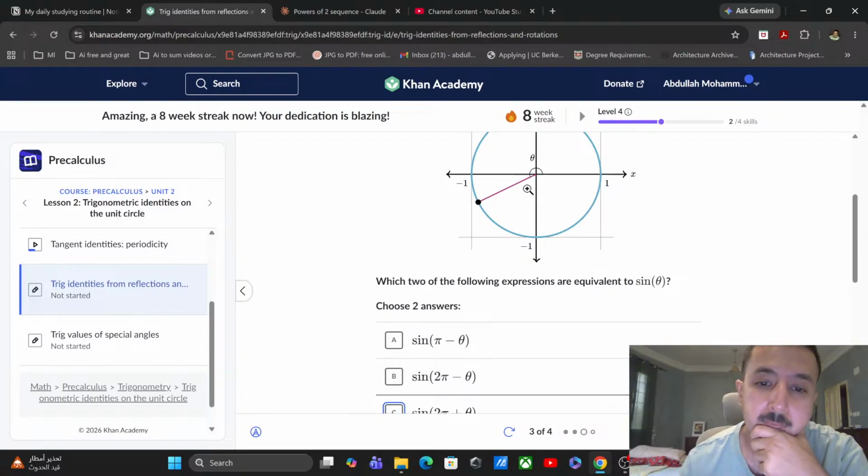What are we doing? Sine theta by minus theta. So it's going to be here. Minus theta is going to go back to where it is. Am I correct? This is theta. This is theta.